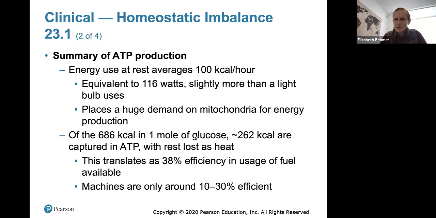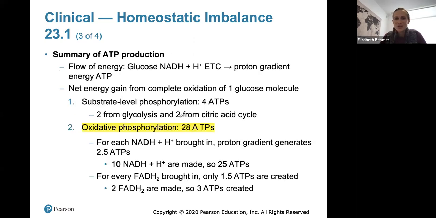So here's a summary of ATP production. It's a very efficient process. Simply put, cellular respiration is about 38% efficient, meaning how it uses the fuel and what's lost as heat. Even the best machines that we can make with human hands are only about 10 to 30% efficient.